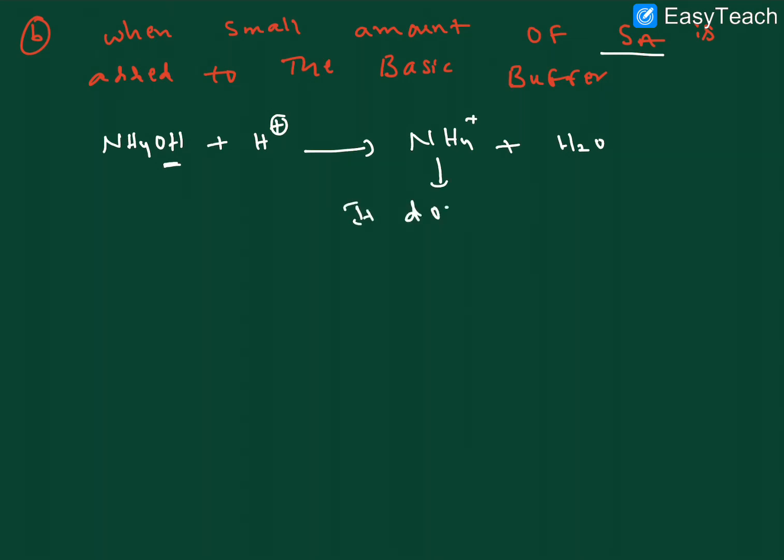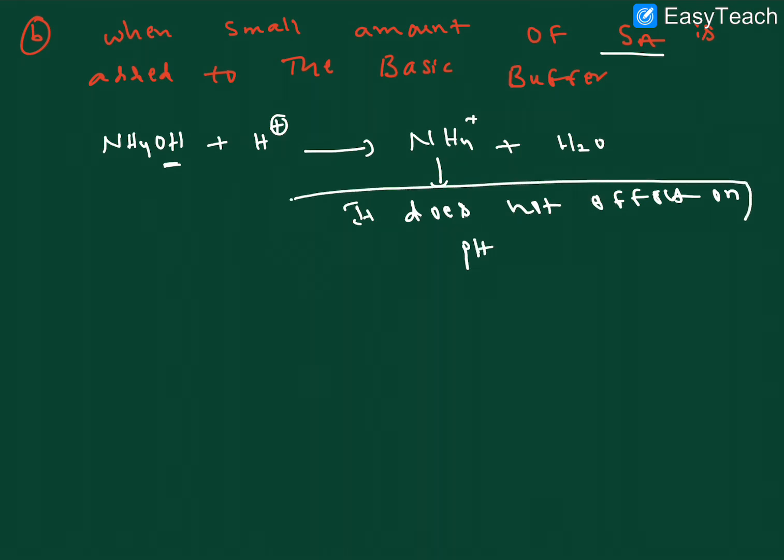So this ammonium ion does not affect the pH. I hope it is very clear. So whenever we add a strong acid, the pH remains constant due to the formation of ammonium ion. That ammonium ion does not affect the pH. I hope it is clear.